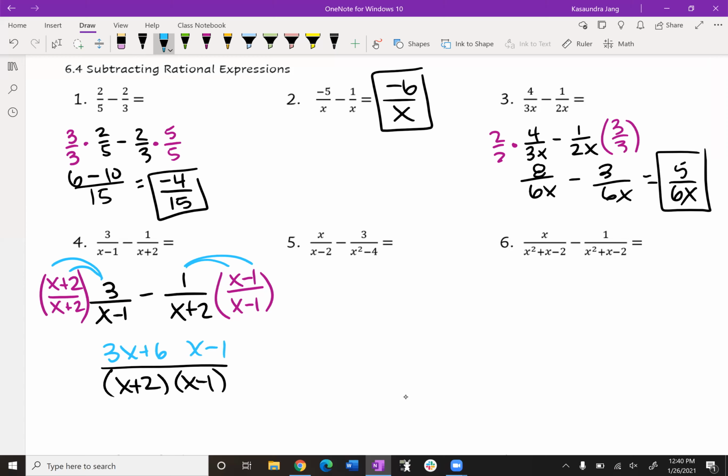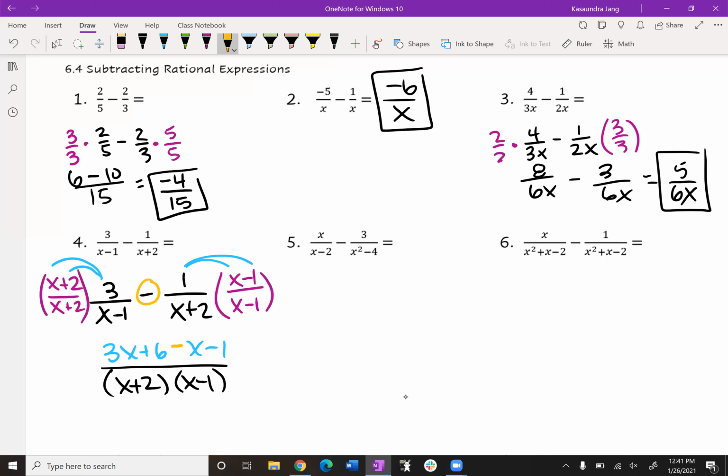Now, if I put that minus sign right there, does that mean I'm done? If not, then what do I have to change? You have to change the negative from the 1 to the positive.